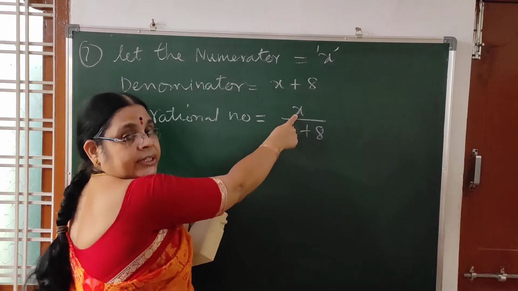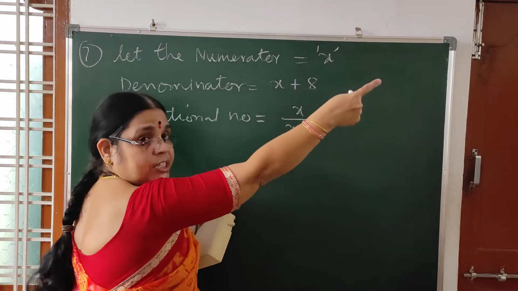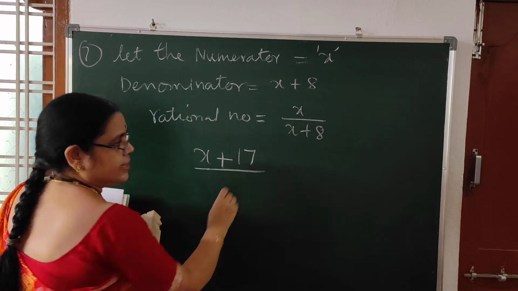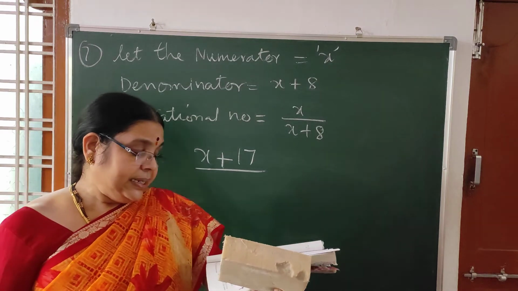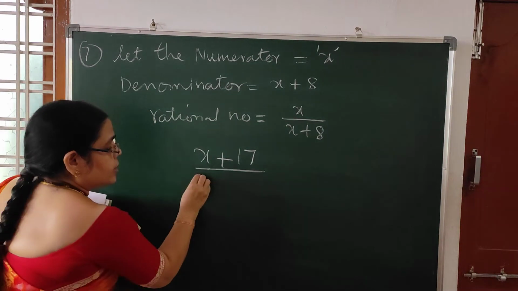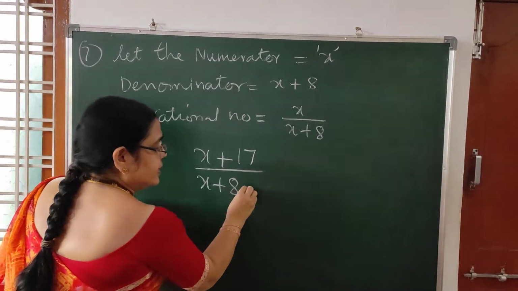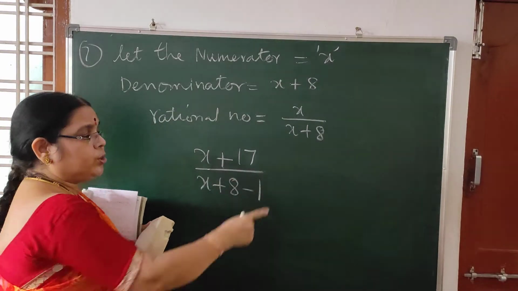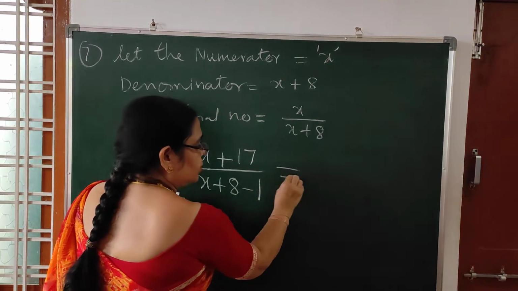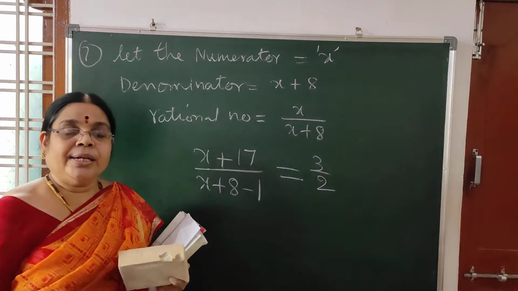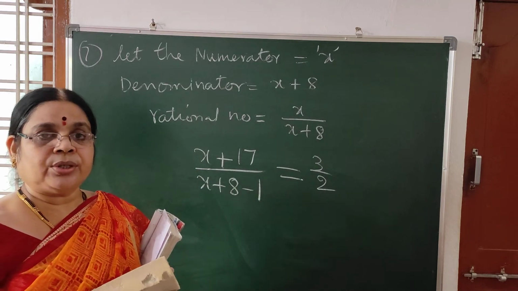The numerator is x, increased by 17, so that becomes x plus 17. The denominator is decreased by 1. The denominator is x plus 8, decreased by 1. If you do all this, you are going to get 3/2. This is the equation you are going to get.